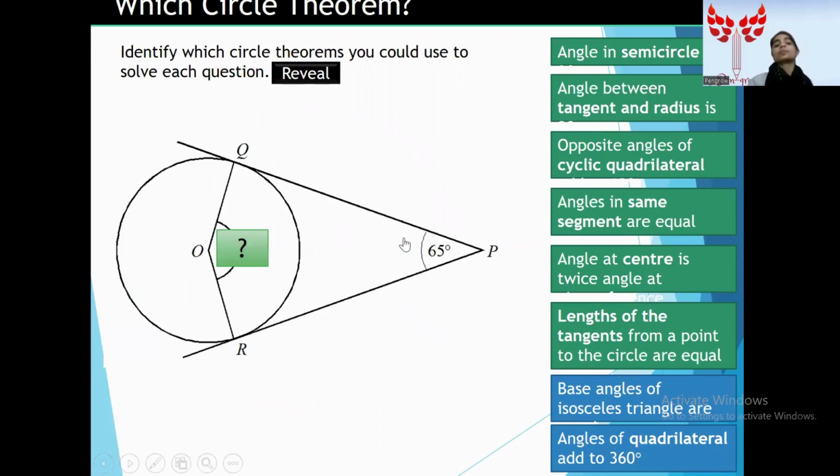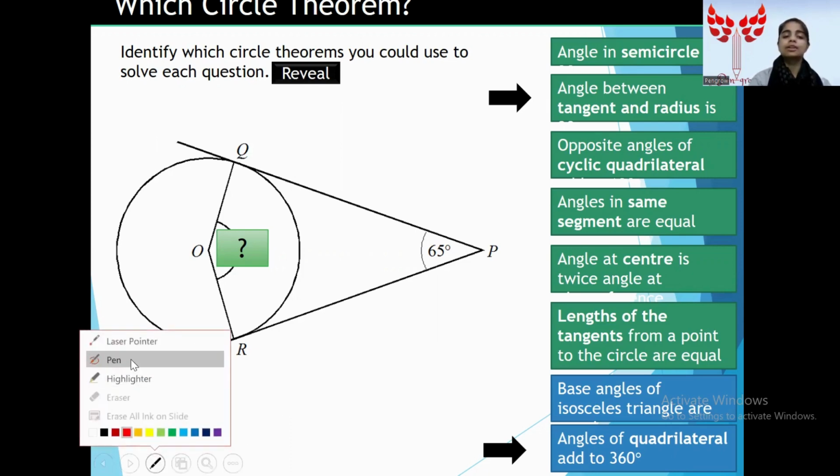Yes. Okay. Here we have the tangents concept, and let's reveal. This is not a cyclic quadrilateral. If you see this, four sides, it's just a simple quadrilateral. And the angle between tangent and radius is 90. So we already know this angle very easily.